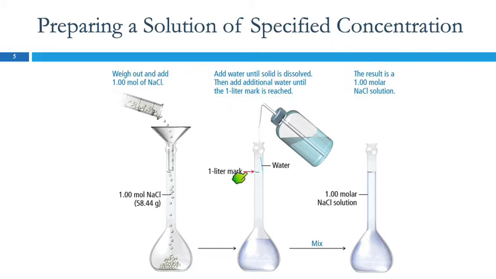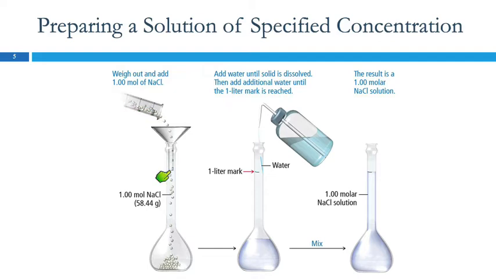So there is a mark on the neck, and this is a 1 liter flask. If you fill it up so the bottom of the meniscus is at the mark, you've got 1 liter in your flask. You can't measure any other volume with that. But this is convenient for making solutions because now you know the total volume of the solution.